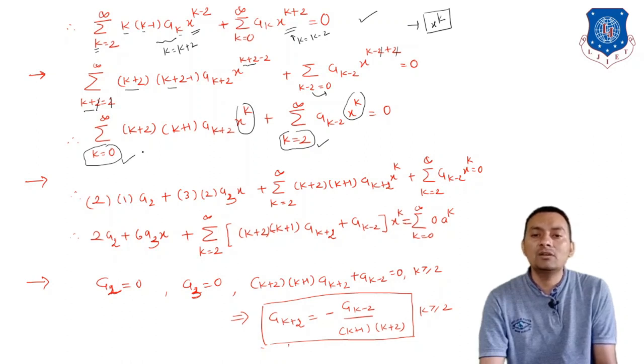So I have to consider k is equal to 0 and 1, and then follow k is equal to 2 onwards. Let us first put k is equal to 0.